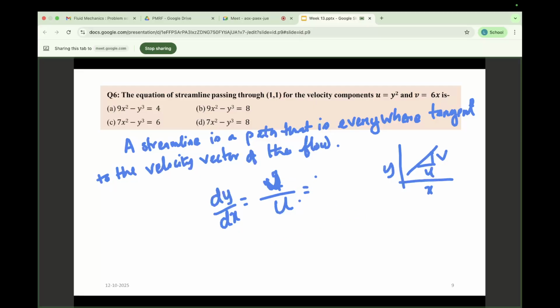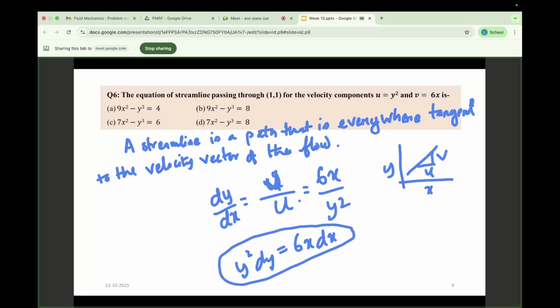Here v is 6x and u is y square. Now the equation is y square dy is 6x dx. That is the equation we have received. Now integrate and tell me which will be the answer.